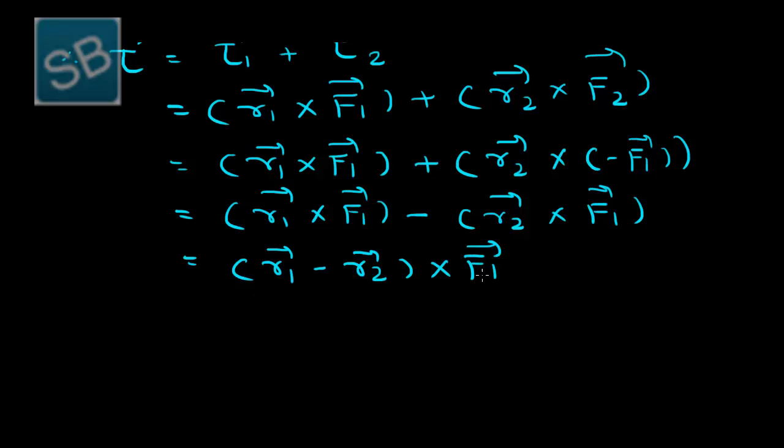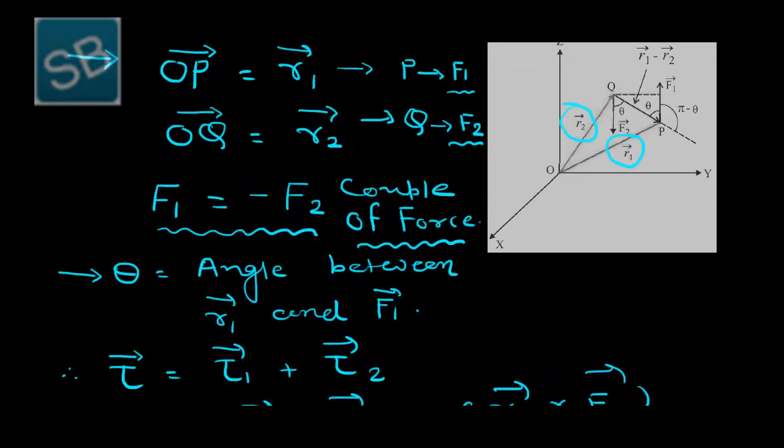And as this is the vector product, the vector product in terms of magnitude is written as mod of R1 minus R2 into F1 into sine. Now which angle will appear over here?